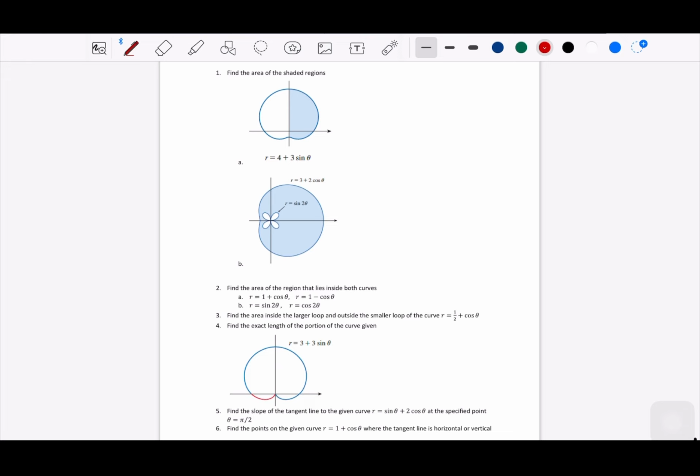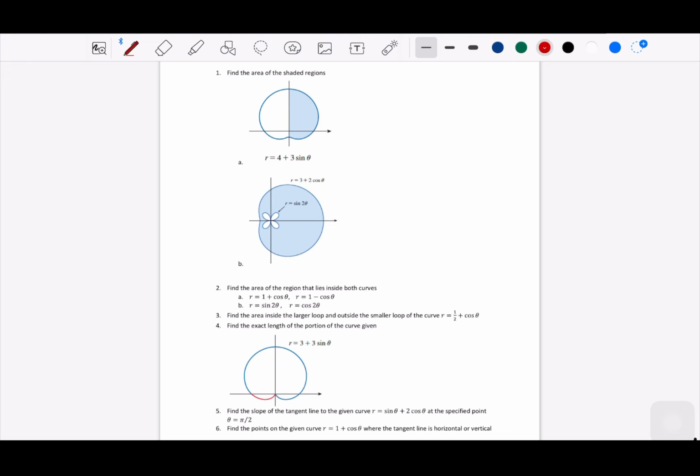Is it inside the larger loop, outside the smaller loop, or maybe it's just asking for the smaller loop? It can be that type of question. And then arc length, for example, this part in the picture. It can be the red or the blue one.